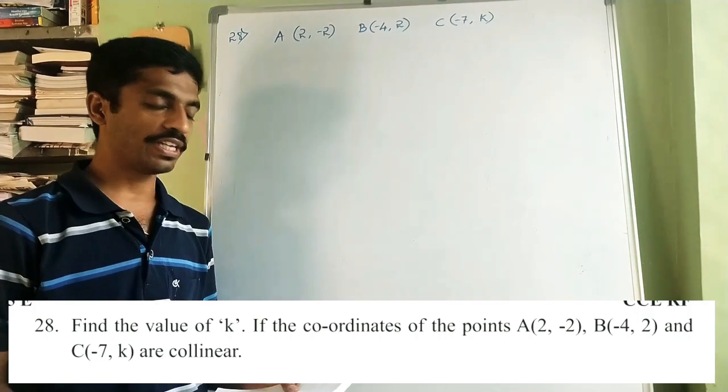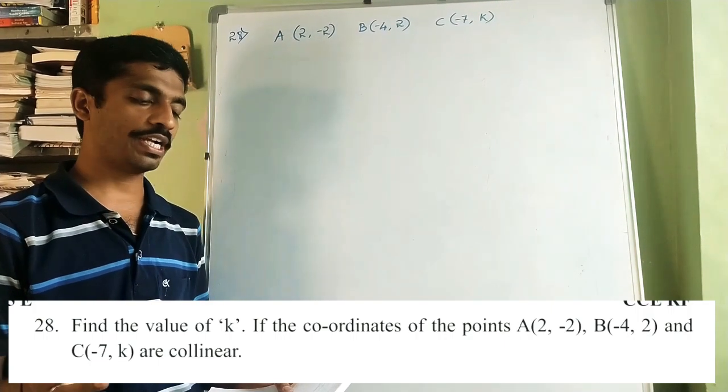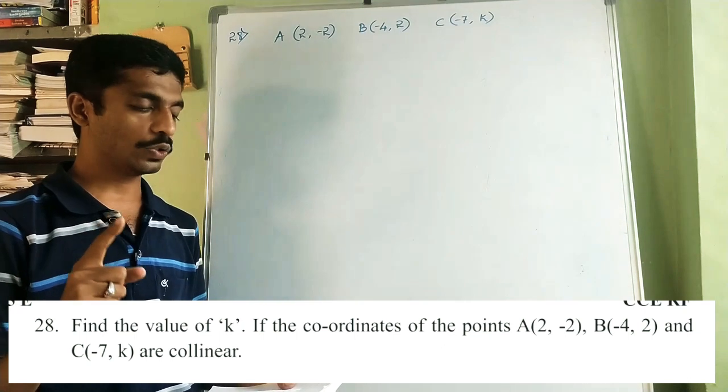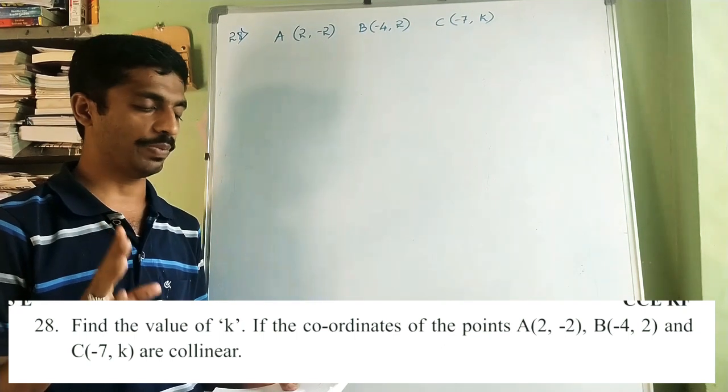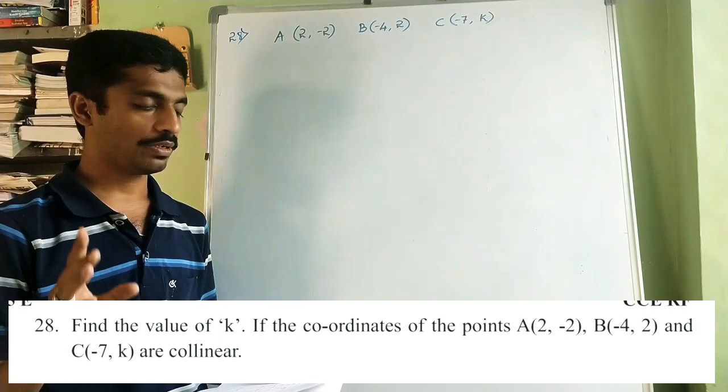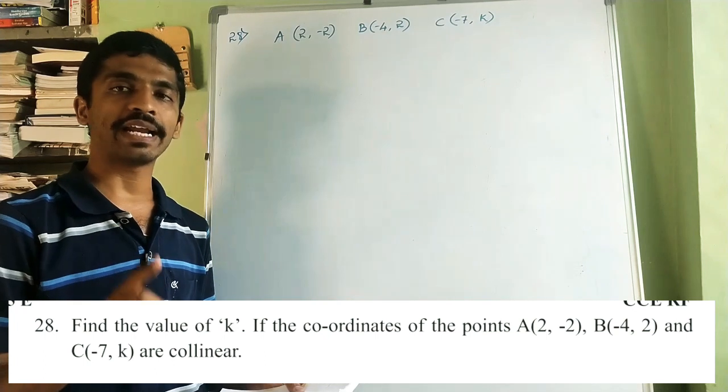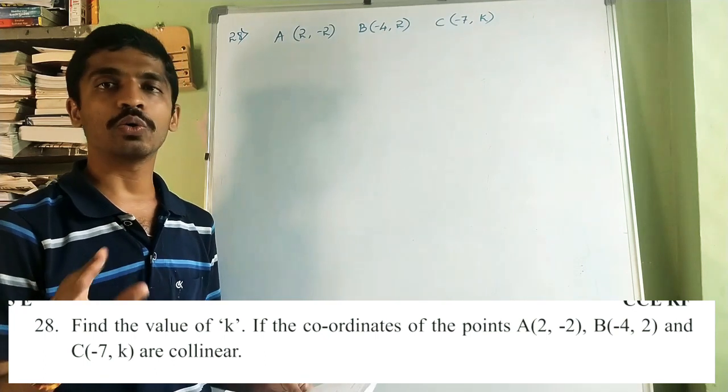28th question. Find the value of K if the coordinates of the points A (2, minus 2), B (minus 4, 2) and C (minus 7, K) are collinear.